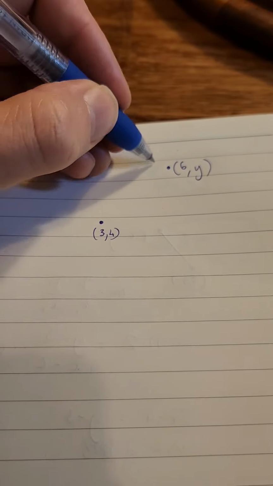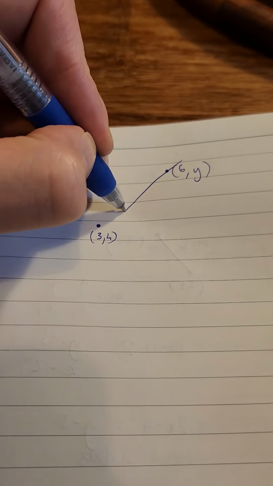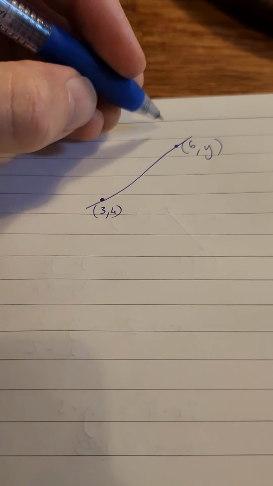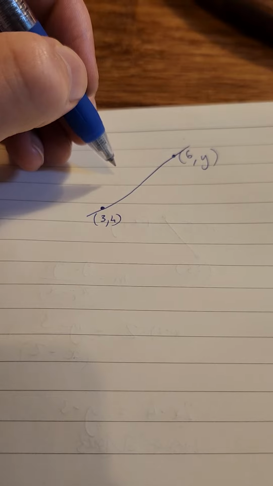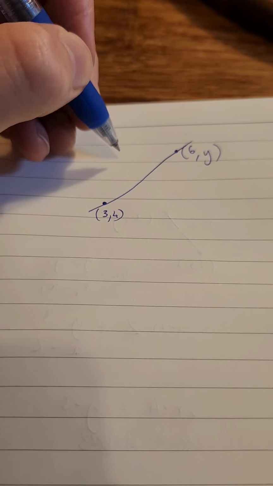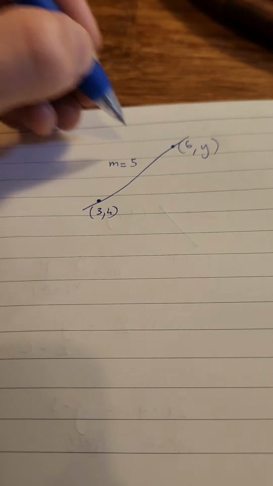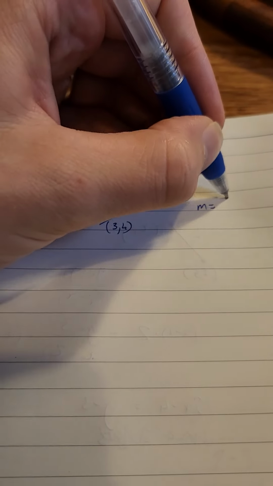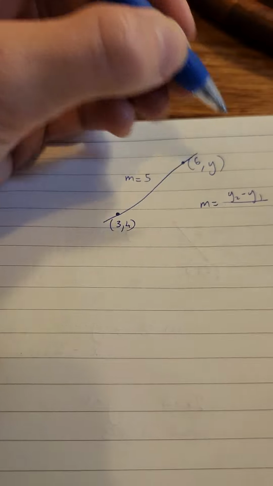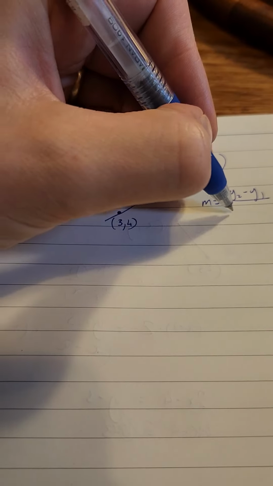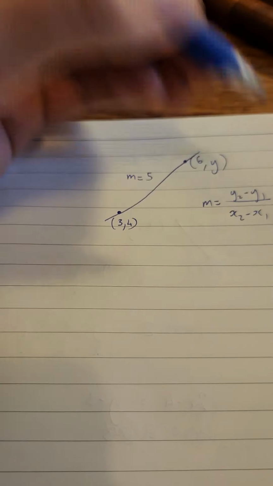I'm going to tell you that the gradient of the line that joins these two is, let's say, 5. I use the formula, I write it out, m equals y2 minus y1 divided by x2 minus x1.